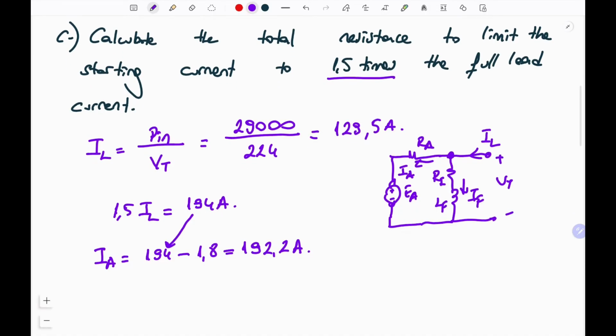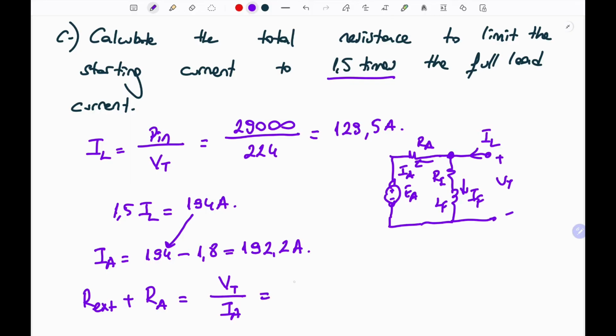So from the circuit, let's calculate how much external resistance we will add to RA. The total resistance will be equal to Vt over IA. Why? Because during the start, the induced voltage, generated voltage EA must be equal to 0. So the remaining expression will be Vt over IA during the starting phase.